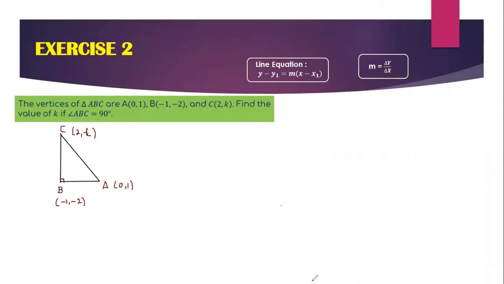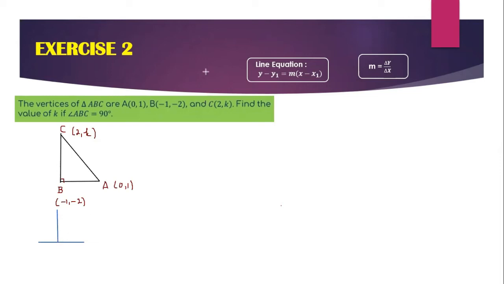What information are we going to get from this diagram? Because angle ABC is 90 degrees, it means line AB is perpendicular to BC.